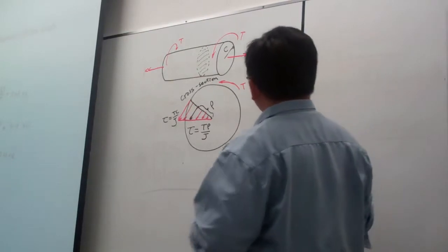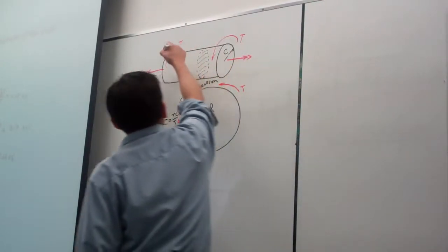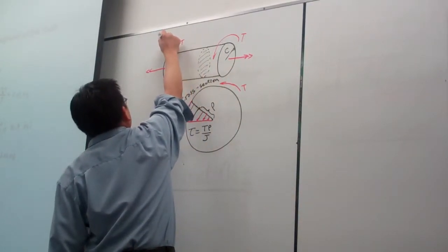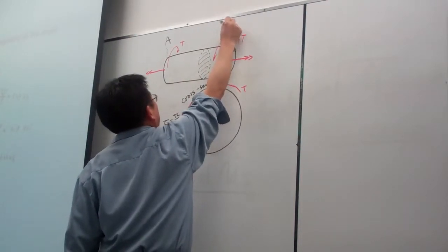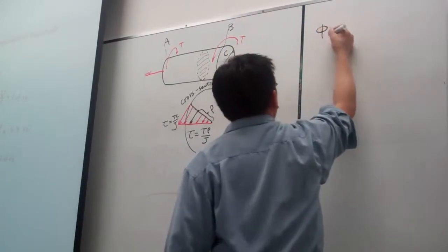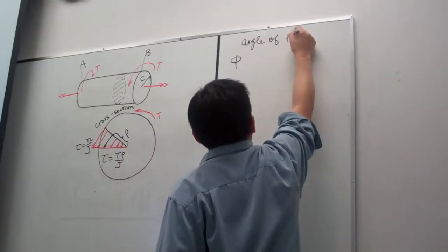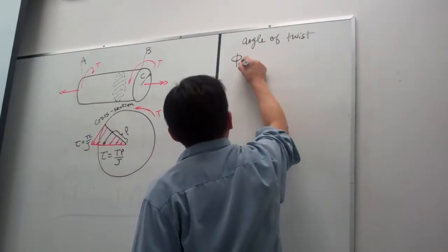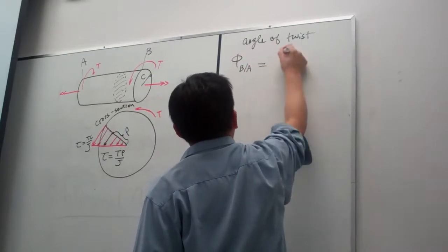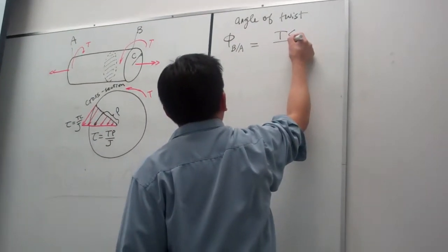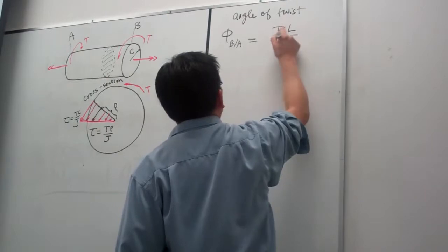Let me call this end A and this end B. We also talk about the angle of the twist of B relative to A, which is TL over GJ.